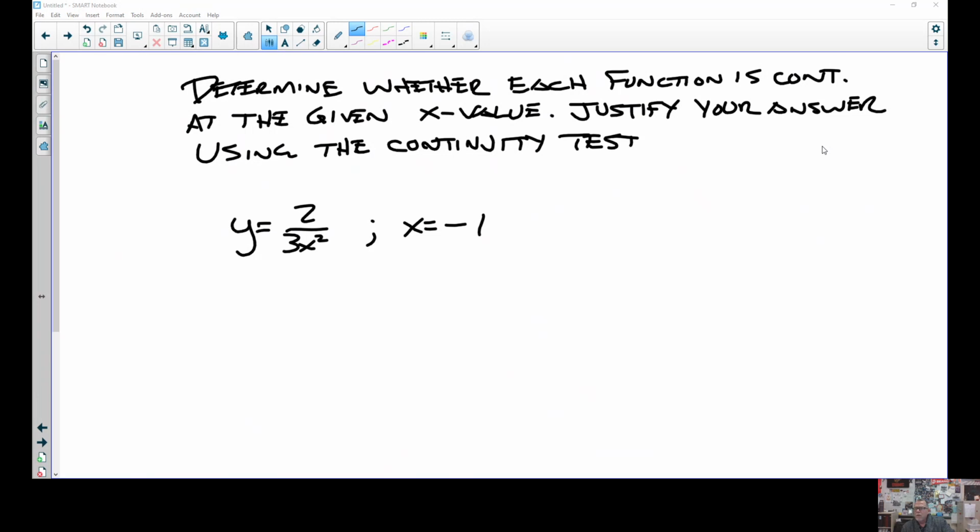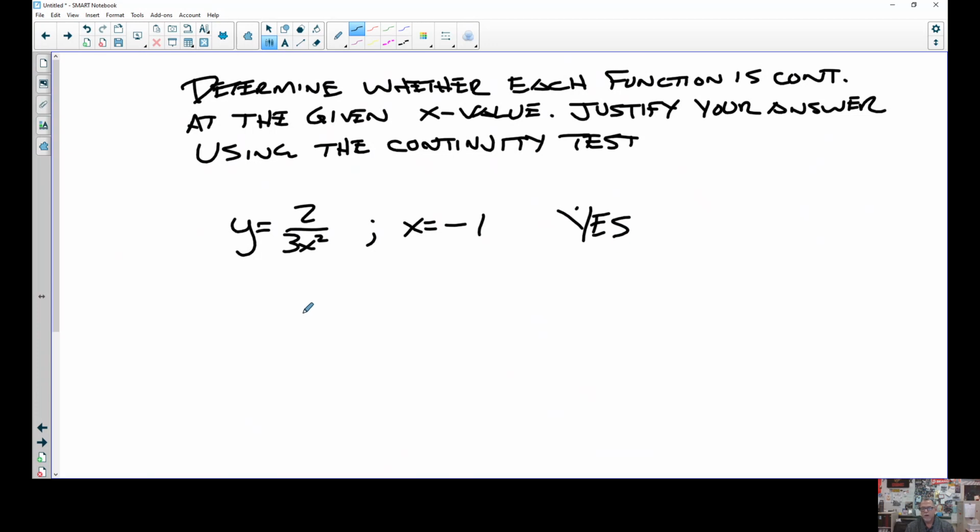But it's telling us to investigate at x equals -1. At x equals -1, it would appear we have a value. Let's just double check. Let's look at the table. At -1, it's 2/3. So if we look at this, it looks like it's continuous. So I'm just going to say yes right off the bat, just because it looks like it's continuous.